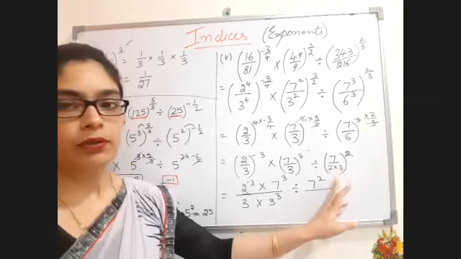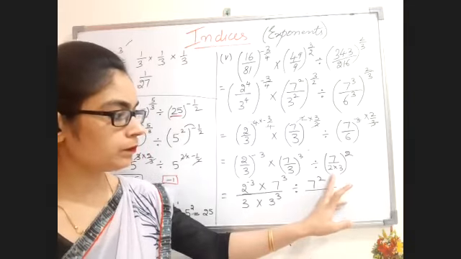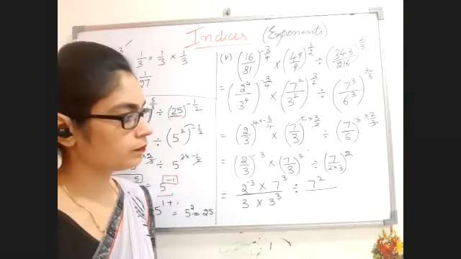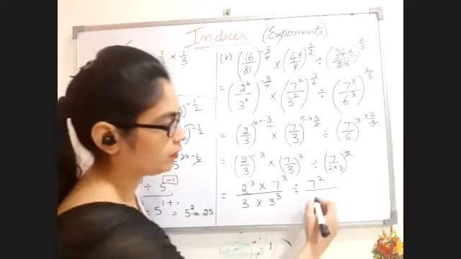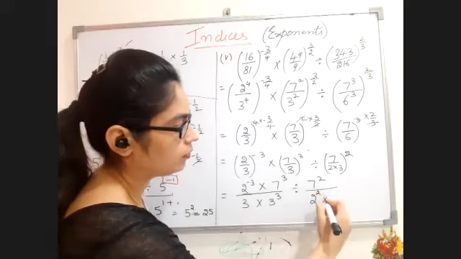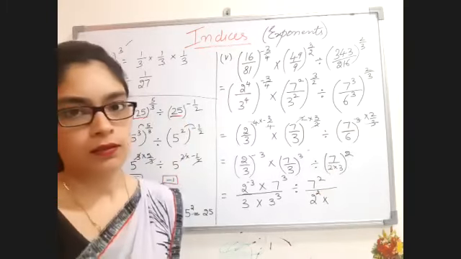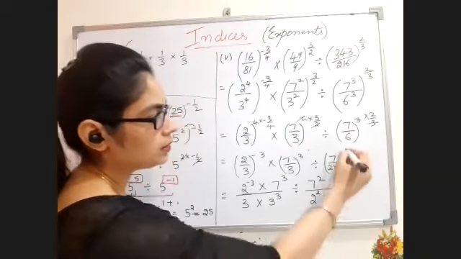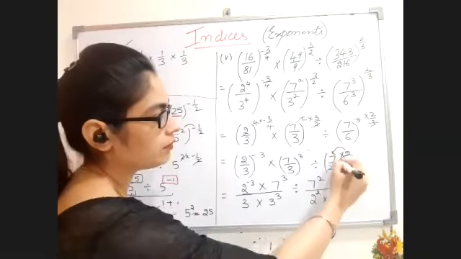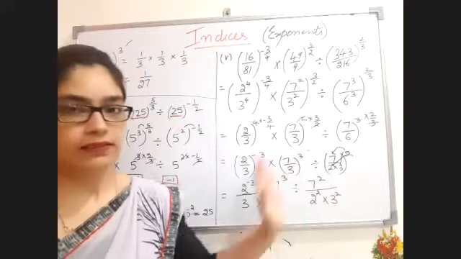Here 2 to the power, what should I write? 2 into 4 square. And 3 to the power square, because this power is with all the numbers present inside the bracket.